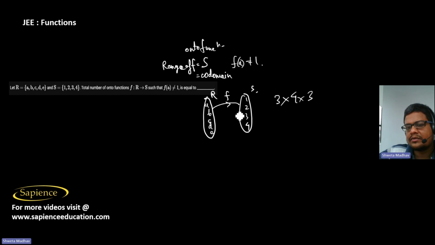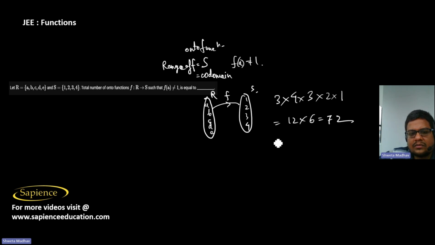Now C will have remaining 3 options and D will have remaining 2 options, and E will have remaining 1 option. So the number of onto functions will be 3 4s are 12, 12 into 6, that is 72. So the total number of onto functions should be 72.